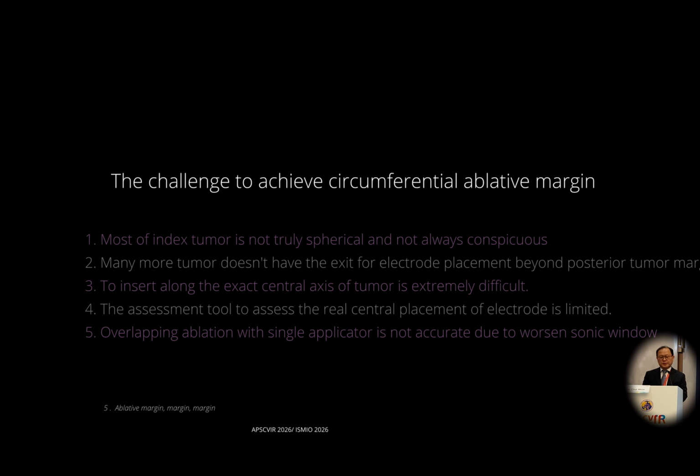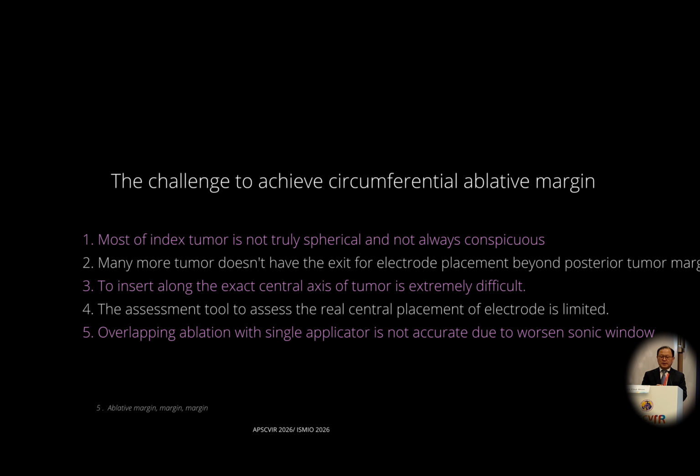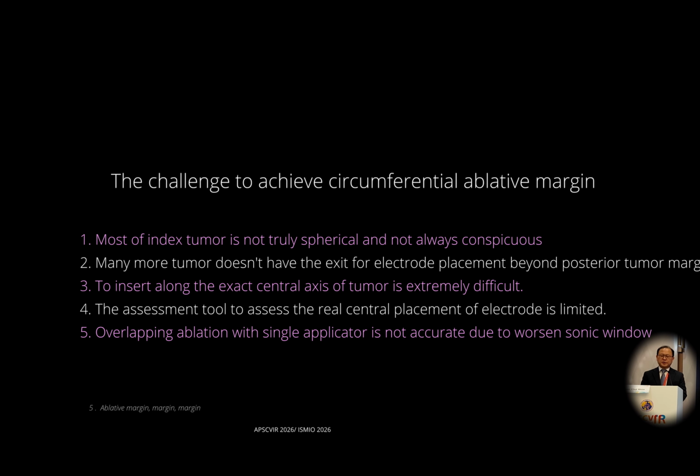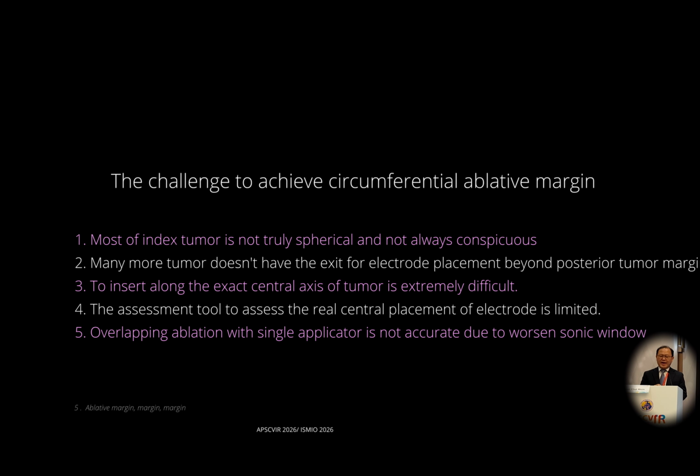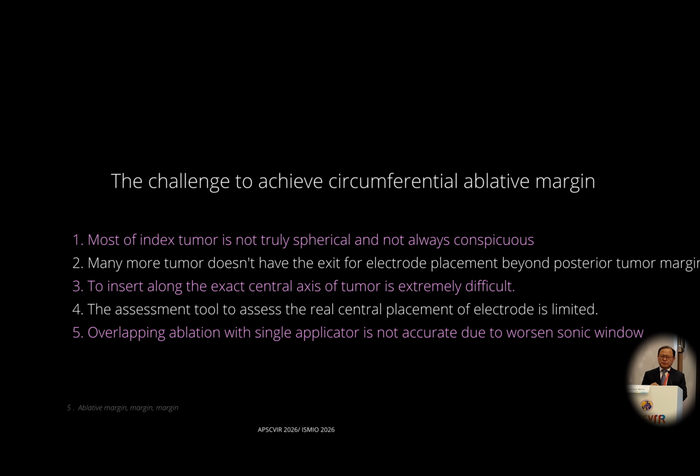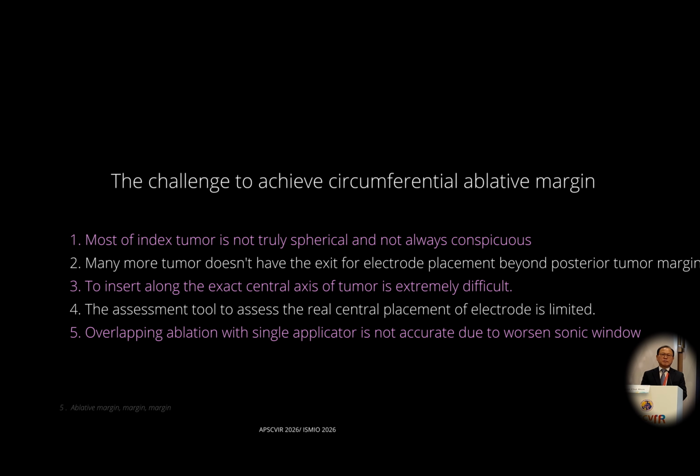There are many challenges to achieve circumferential ablative margin. First, most index tumors are not truly spherical and not always conspicuous in ultrasound. Second, many tumors don't have an exit for electrode placement beyond the posterior margin of the tumor.